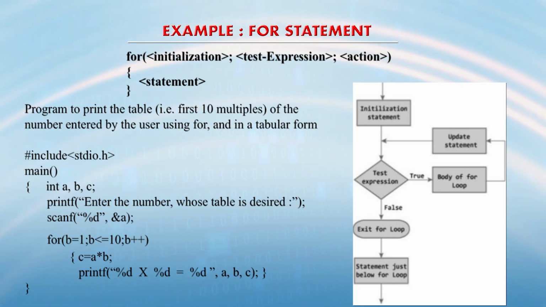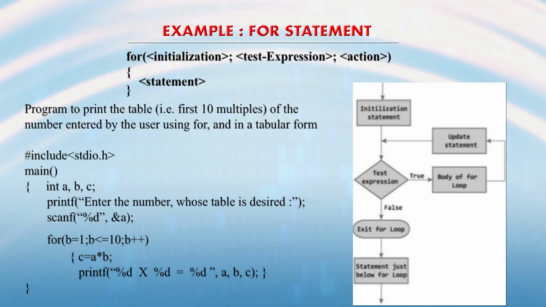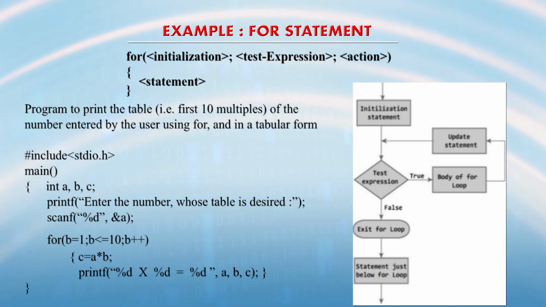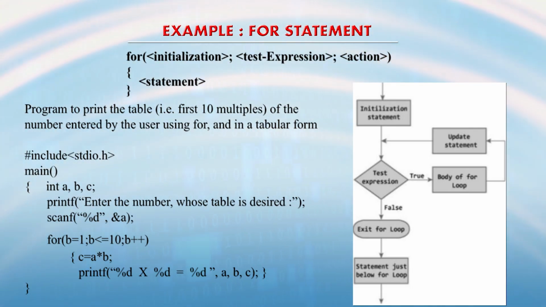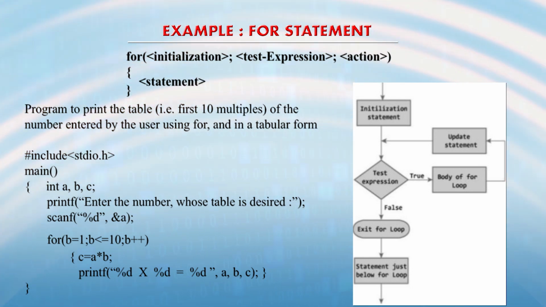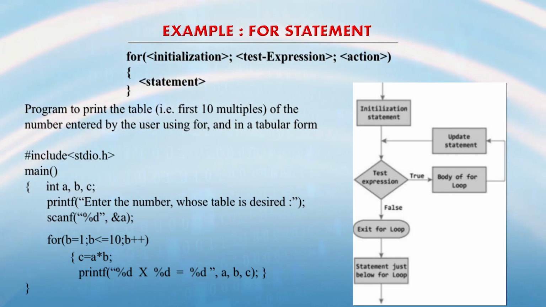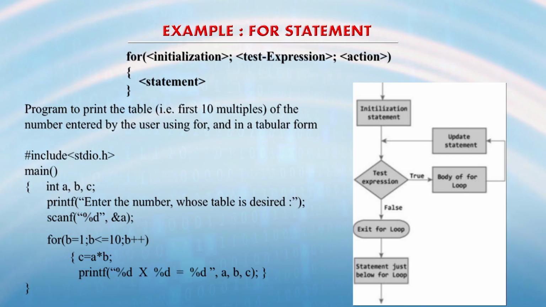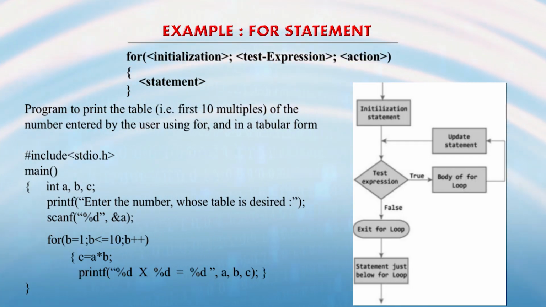After that, the main function is called, and in the main function we write the program with int a, b, c, where the number whose table is to be printed is a. So, we ask the user to enter the number a. Now, we use the for loop: for b = 1; b <= 10; b++.